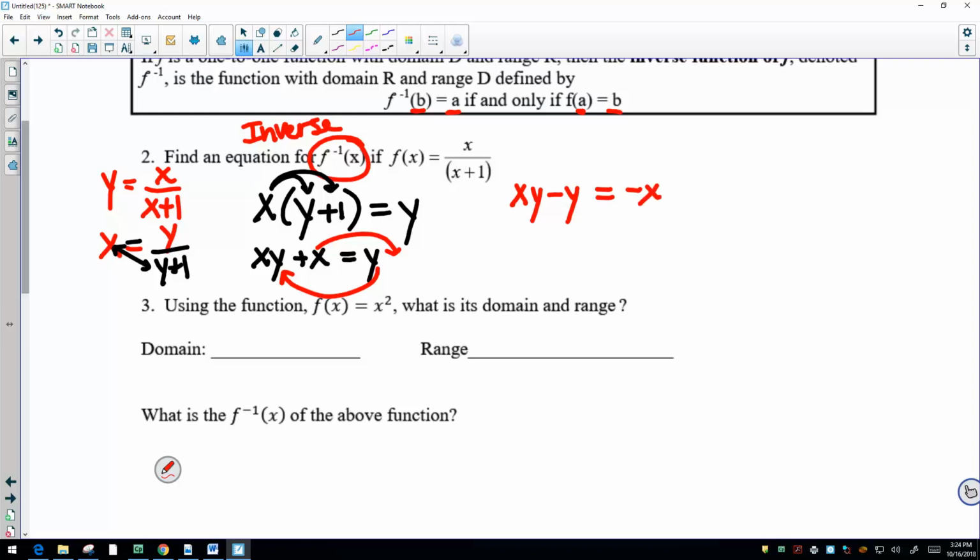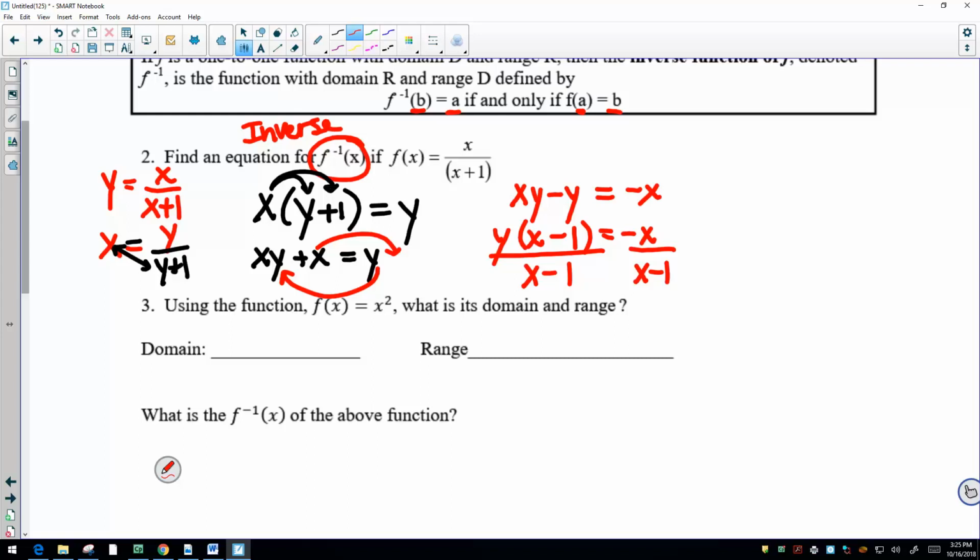Okay, so my y's are gathered. Now again, I want to think, get y by itself. So since each of these terms on the left-hand side have a y, I could factor out a y. So the factor that I would be left with here: y times x would give me xy, y times negative 1 would give me negative y, and then I have a negative x on this side. And again, we're solving for y, getting y by itself, so now I can divide through.